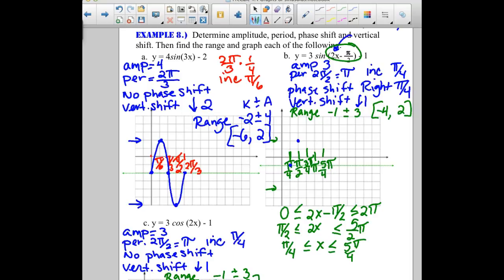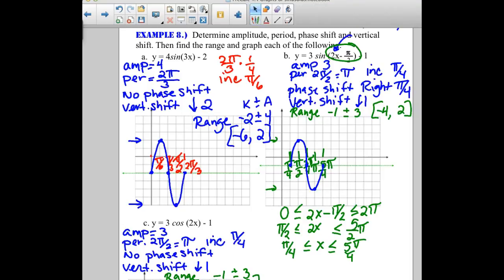We're up at 2, back to our new 0 line, down to our low point, which is 3 spaces below that line, and then back to our line. So this one has had a lot of things done to it. We've stretched it vertically, we've compressed it horizontally, we've shifted it to the right, and we've shifted it down. A little of everything.